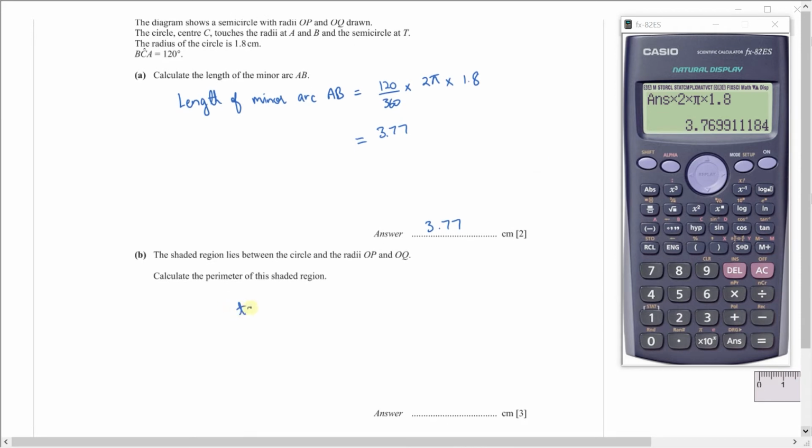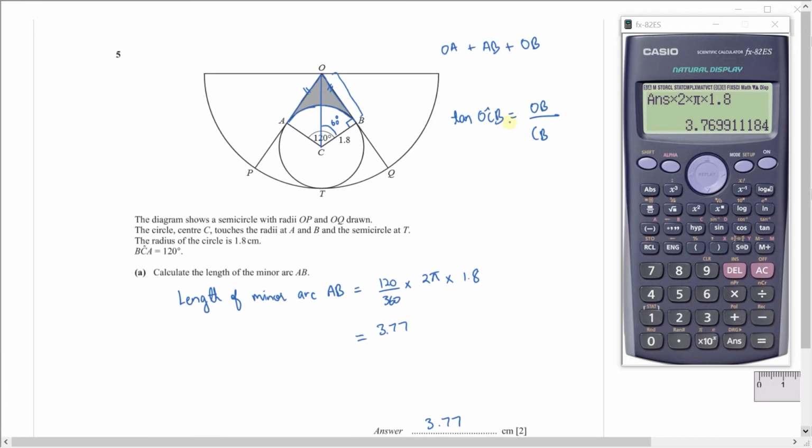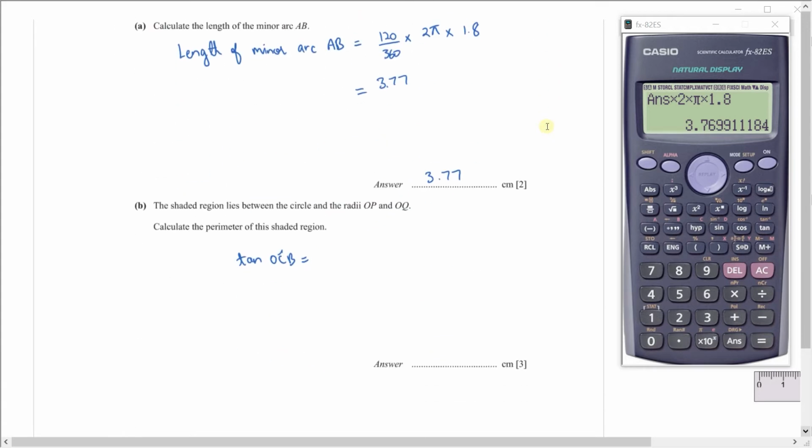Let's substitute the values. OCB is 60 degrees. So tan of 60 degrees equals OB, which is unknown, over CB, which is 1.8. So this will give you OB equals tan of 60 multiplied by 1.8.